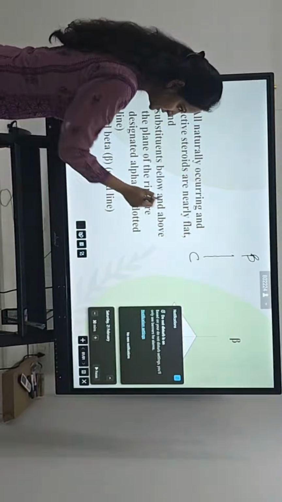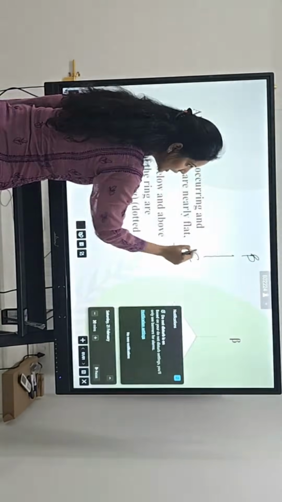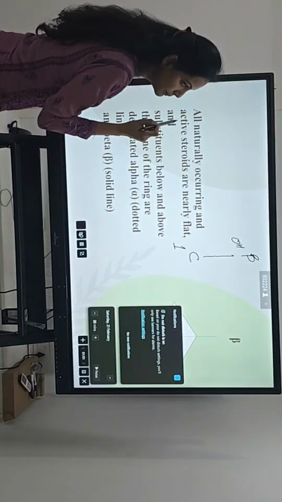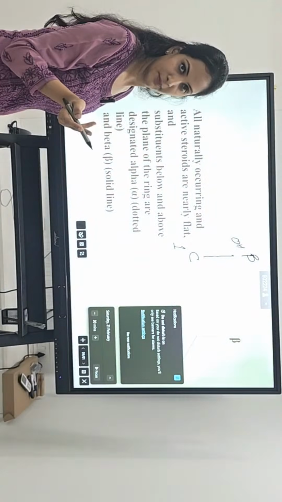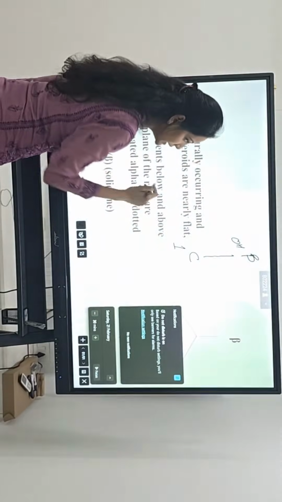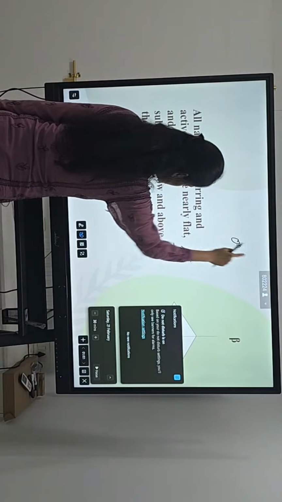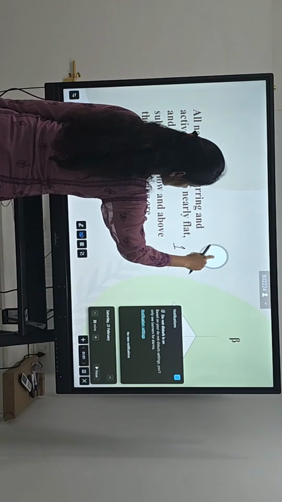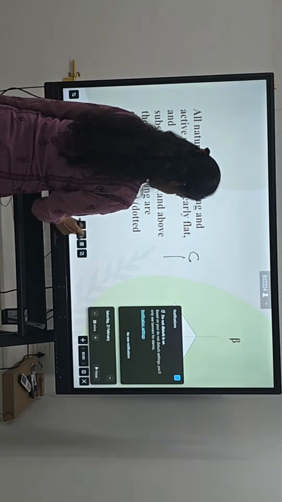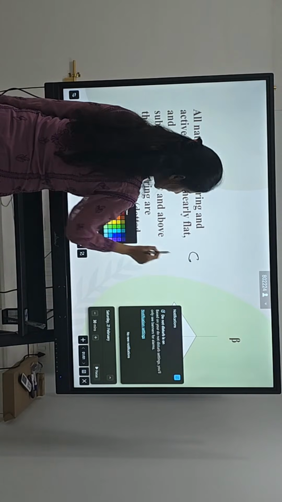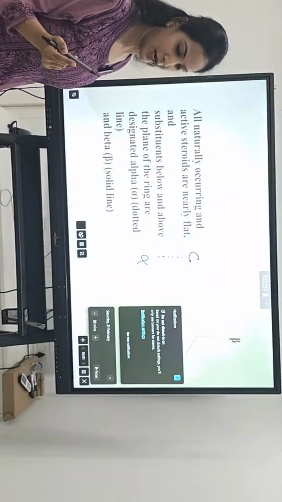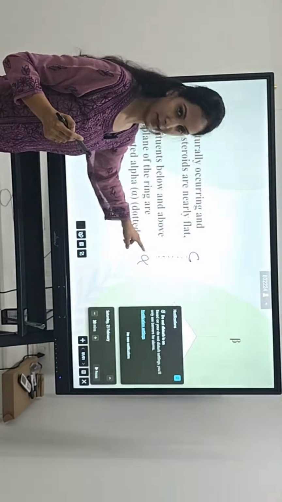Suppose this is the first carbon, and we add OH, then what will we call it? 1 beta hydroxy. Yeah, 1 beta ol. And if we add downwards, it's called alpha, and we'll denote it by a dotted line.